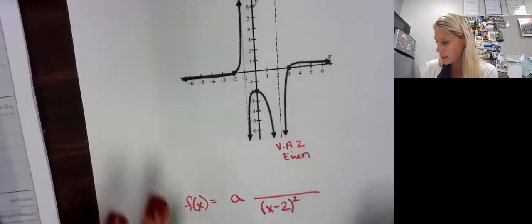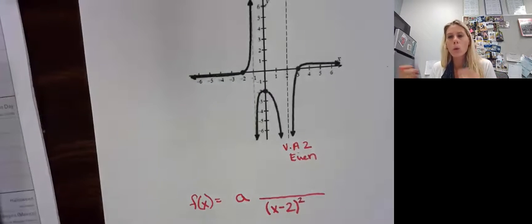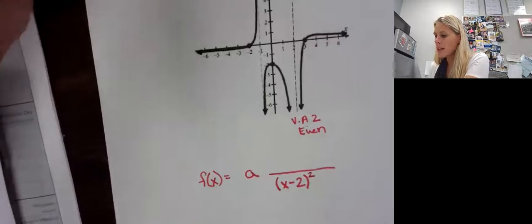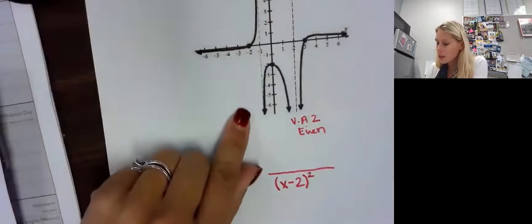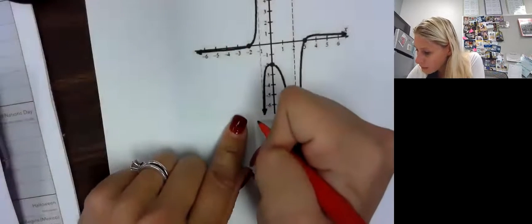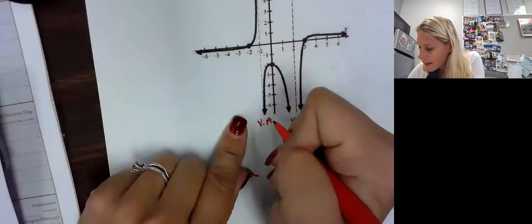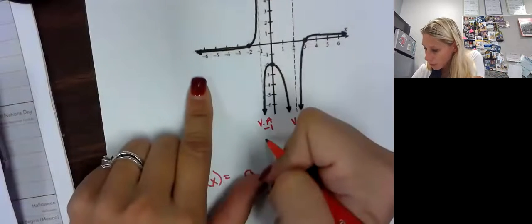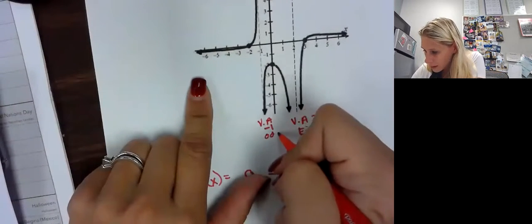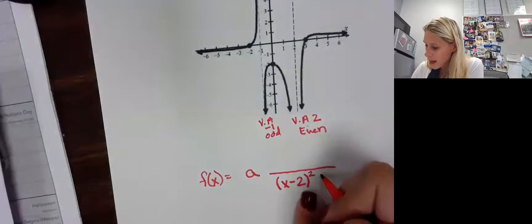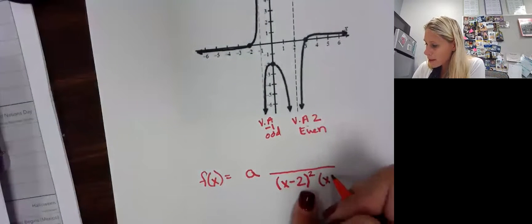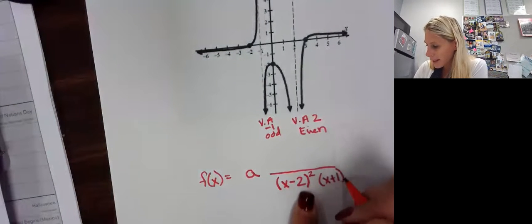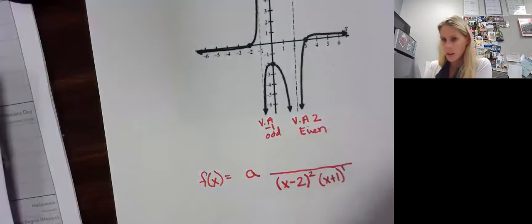So I'm just going to make it squared because we're going to write the lowest function it could be, okay? Now, just be careful because there's another vertical asymptote. There's a vertical asymptote at -1. And that goes in opposite direction, so it's odd. So that means in the denominator, I also have x plus 1, and that's going to be to the first.